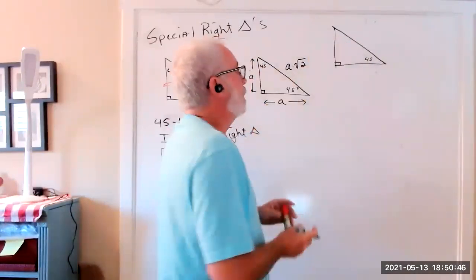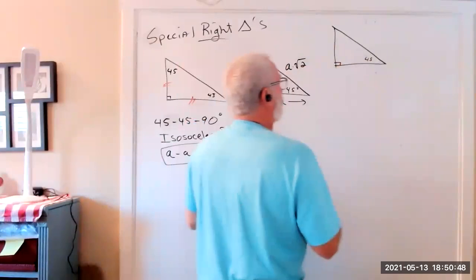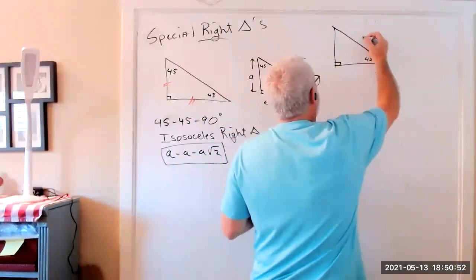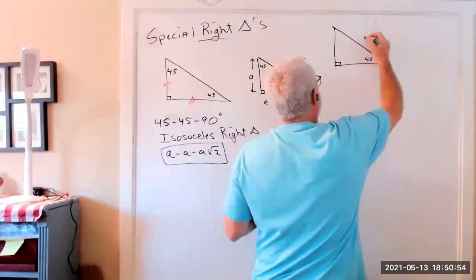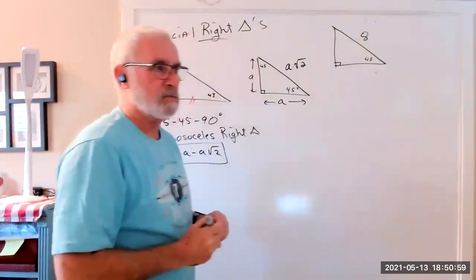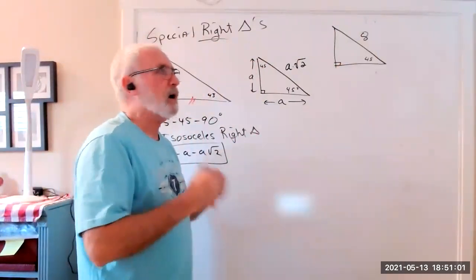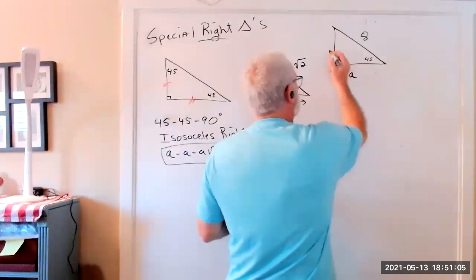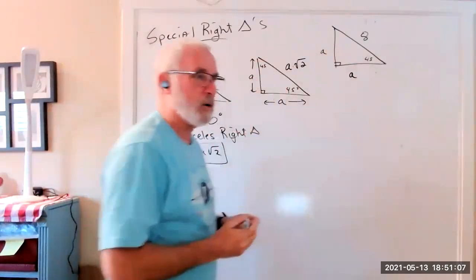Okay. There's some other facts that we'll get to. But what if I told you, okay, I'll be nice, what if I told you the hypotenuse is 8? The hypotenuse is 8. Okay, what are the other two sides? Can you go backwards?